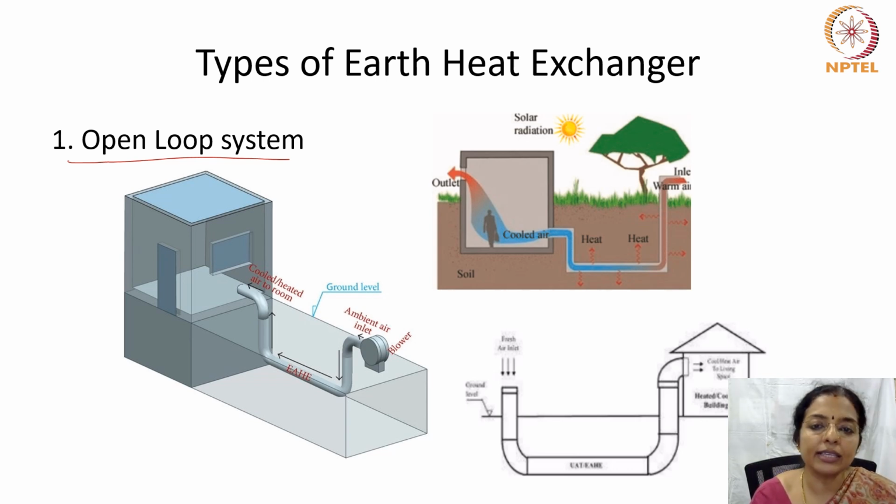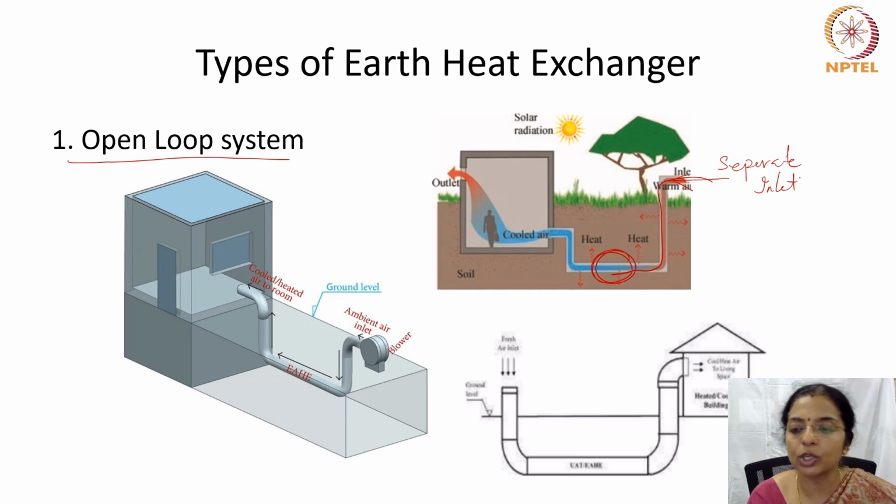So in this open loop system, what happens is you have a separate inlet through which warm air in summer or cool air comes. It changes its temperature because of either radiating heat to the ground or absorbing the heat from the ground, and this flows into the room.